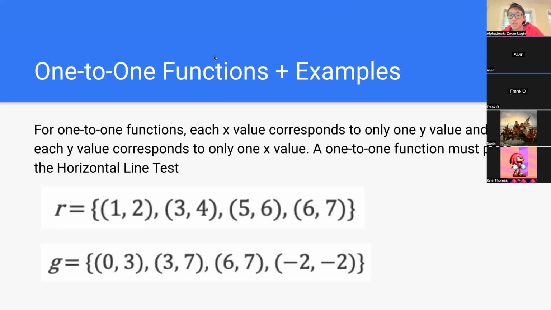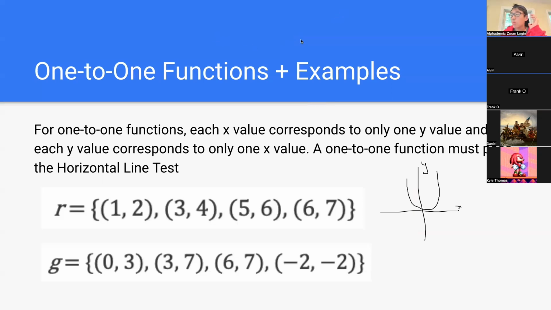So, for example, if we had a function like this, right? Draw the XY plane, X, Y. So in this case, this would be a function. This would pass the vertical line test. This isn't a straight line, but wherever you draw a straight line, it only touches the function at one point.